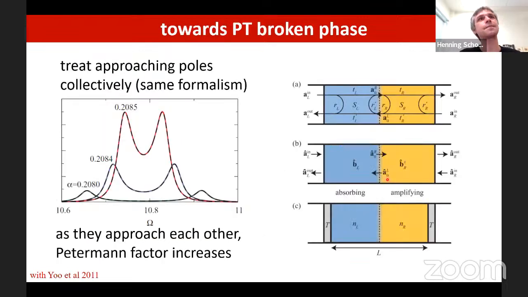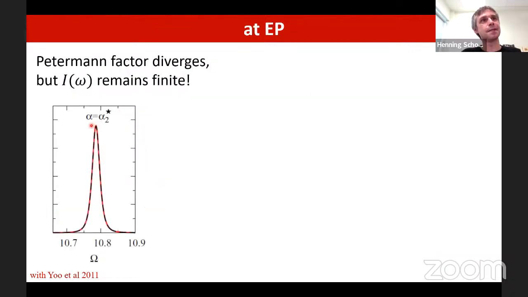Now we can take the same system and steer it to this exceptional point, and we see that this becomes even worse. What happens is that you have two isolated peaks. They get closer to each other, and the intensity increases even further. At the exceptional point, I don't even put the scale, it's very large, but it's still finite. So the Petermann factor at this point actually diverges. But it diverges because we are no longer using the right way to analyze our signal.